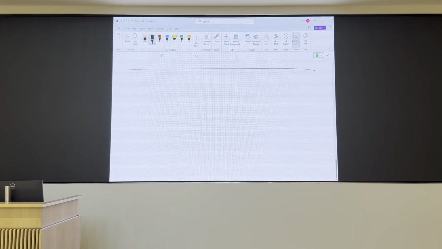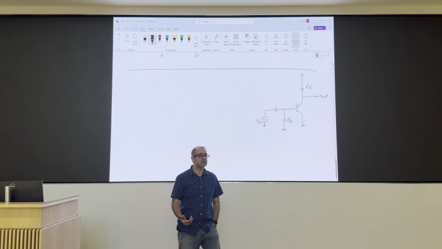Let's do an example of the common collector stage. This is the common collector stage, right?